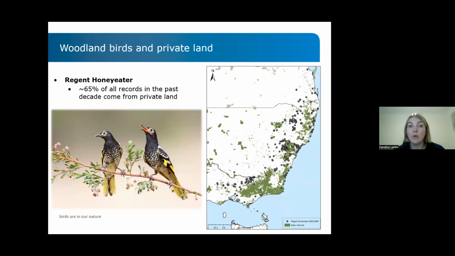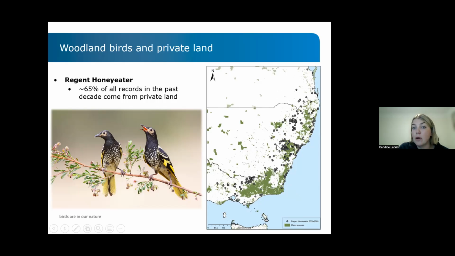Now, why is this important? So the Regent Honeyeater, for example, 65% of all records from the past decade have come from private land. You can see on the map there, these are all of our Regent Honeyeater sightings from 2000 to 2009, and the green is major reserves, so your national parks.